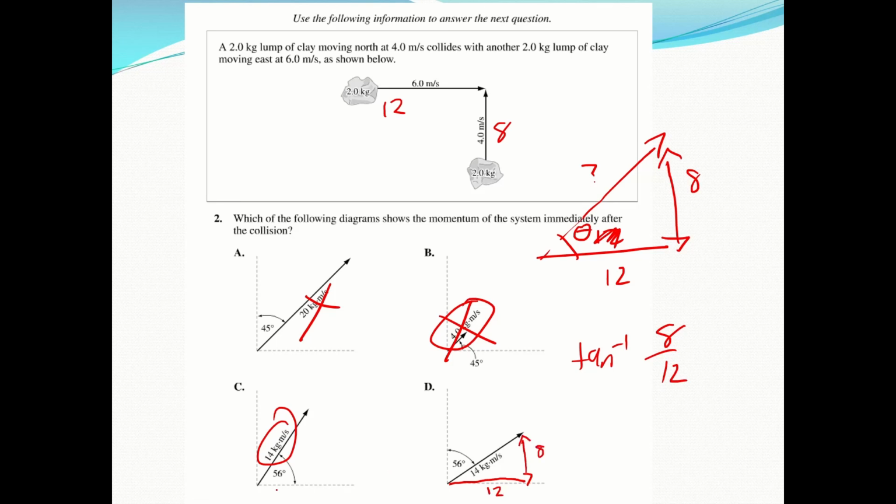Those are the proportions that would work. But if I try with C, right, that doesn't work because it looks like our y is bigger. That one's longer, that one's shorter, and that's not what we want. D is the correct answer. When you tan negative 1, you'd end up getting, what is that, 34 inside of there. So yeah, that one's got to be 56.